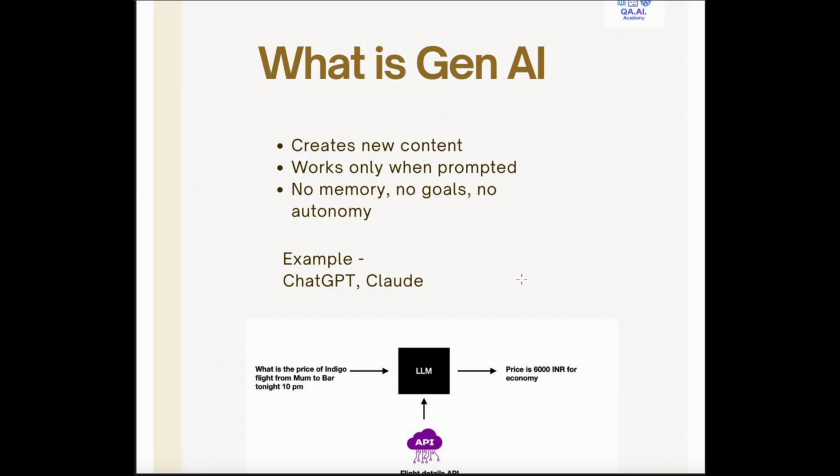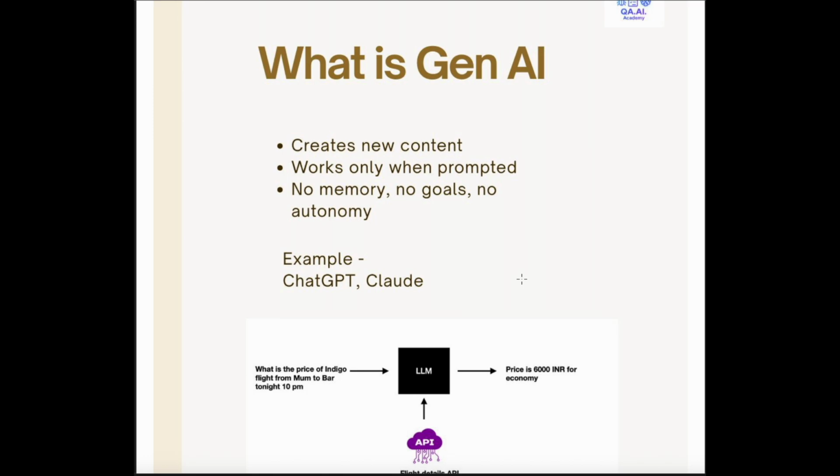Let's talk about Gen AI, which is also called generative AI. It is an AI that creates content based on your input. It does not act on its own, it only responds when you ask something. The classical example is ChatGPT. We all have been using ChatGPT and we know whatever we ask, it just responds with the answer.